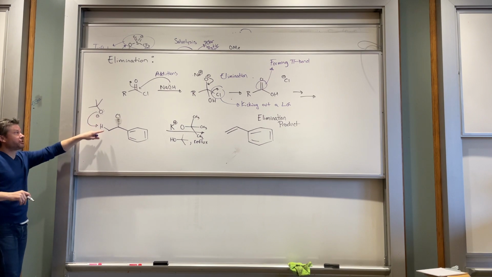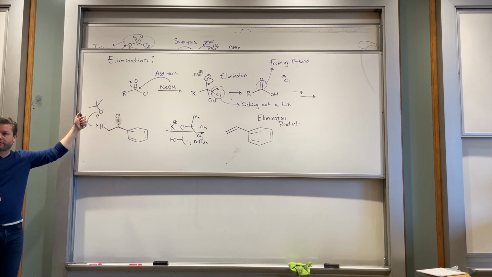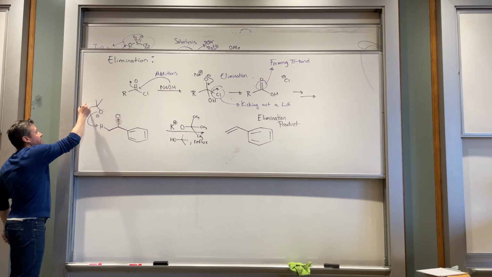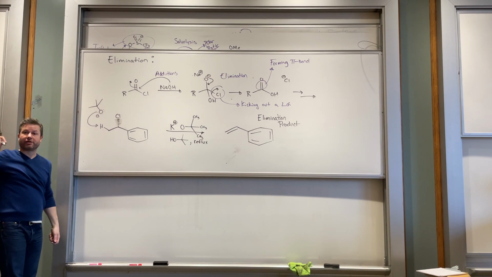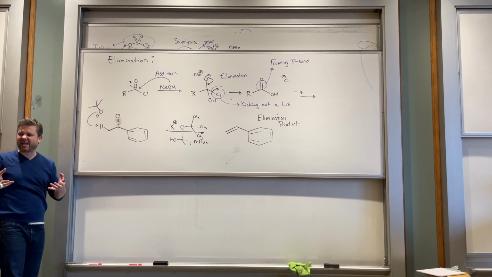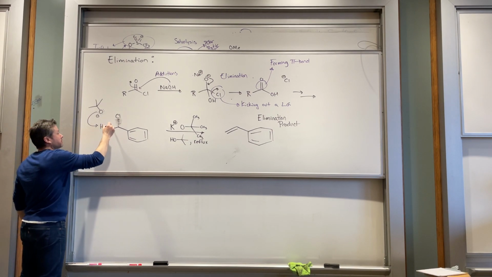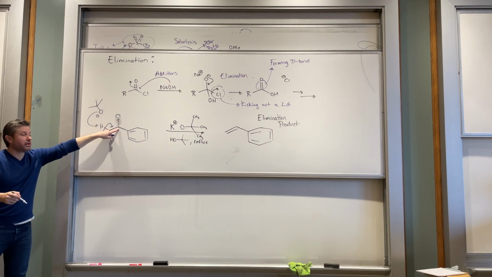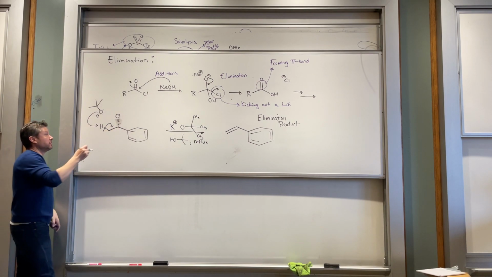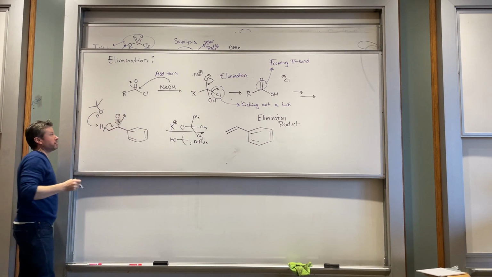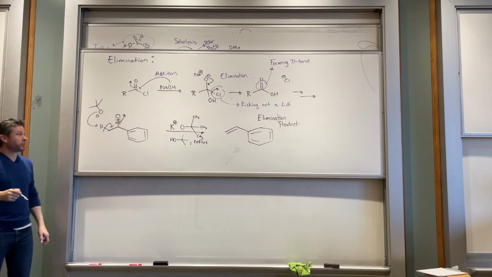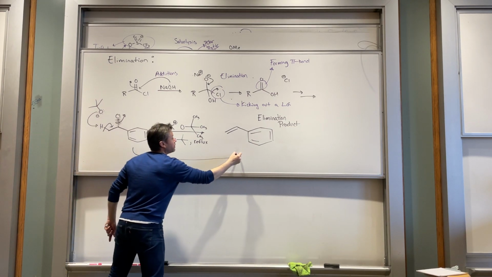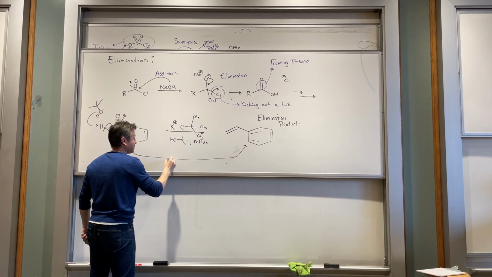Second of all, the oxygen is not going to be very nucleophilic because there are 3 methyl groups around it that prevent it from getting into tight spaces and acting as a nucleophile. So instead it'll act as a base, pull a proton from the carbon alpha to the electrophilic carbon. That's going to result in loss of the leaving group and then formation of the product.